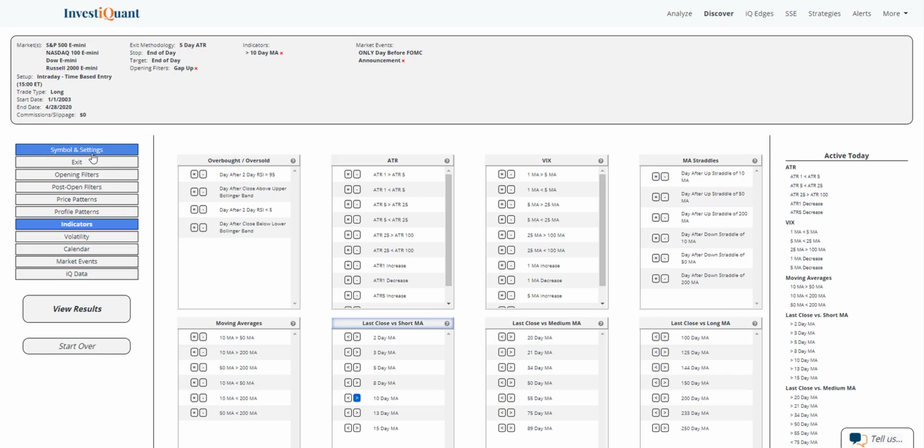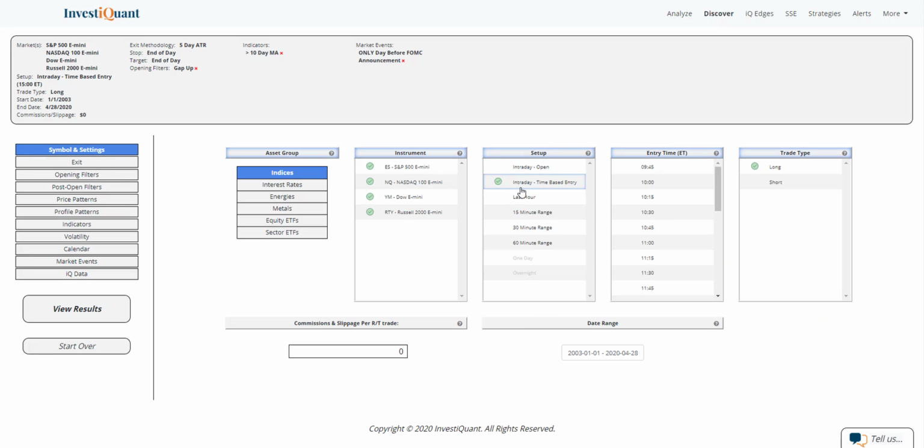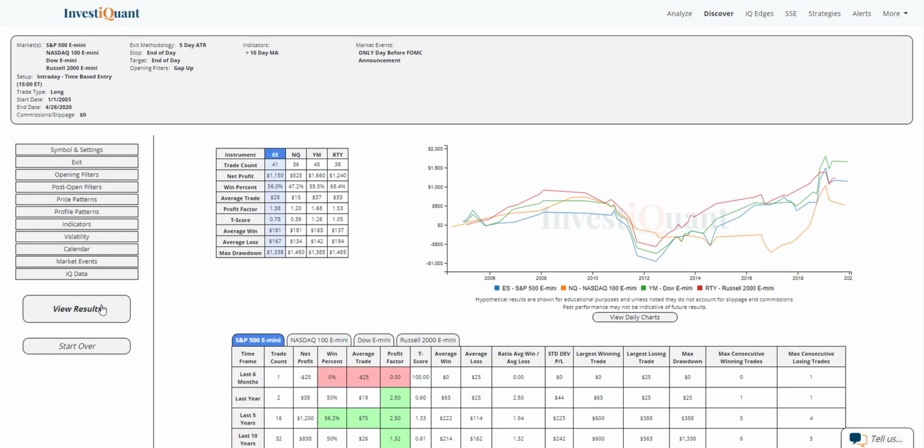With the study I'm going to be running here this afternoon, we're looking at an intraday time-based entry that enters the market at 3 p.m. Eastern Time as a long trade and exits at the close when gapping up in the morning. I'm going to run this as a baseline so you can see all of them at an entry of 3 p.m. Eastern Time. And here are the results.